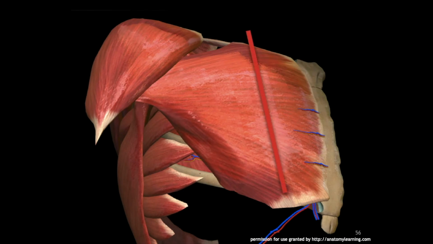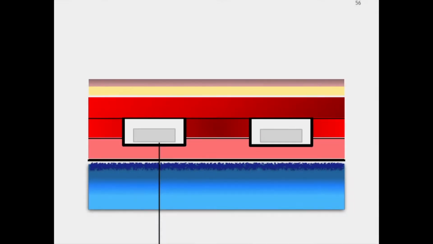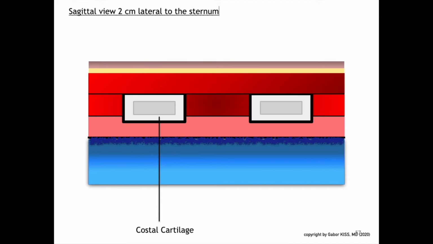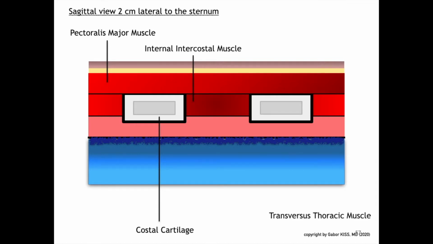Let's look at it closer with a sagittal cross-section view at 2 centimeters lateral to the sternum. The sagittal cross-section view at about 2 centimeters lateral to the border of the sternum shows again the following structures: the pectoralis major muscle, the internal intercostal muscle, the transversus thoracic muscle, with the pleura underneath.